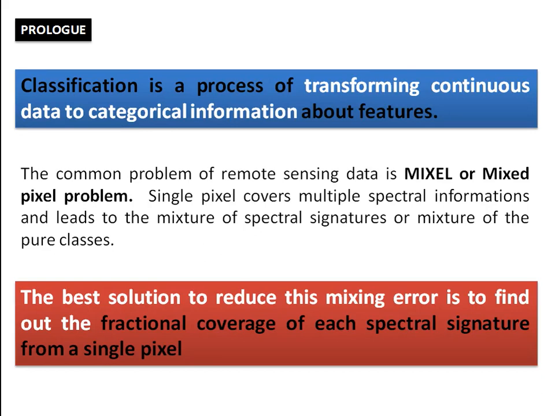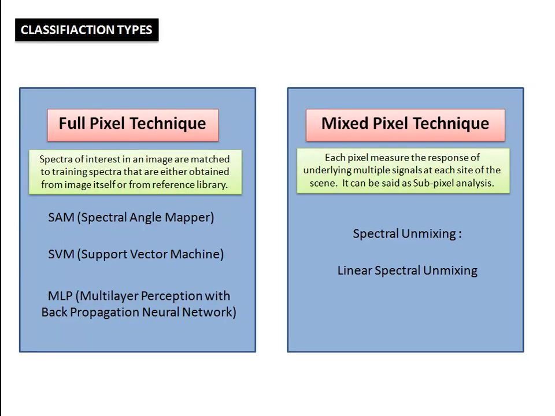So in hyperspectral remote sensing technique, the classification can be of two types, the full pixel technique and the mixed pixel technique. As I have said, the classification technique for hyperspectral images is quite different from the multispectral remote sensing technique.